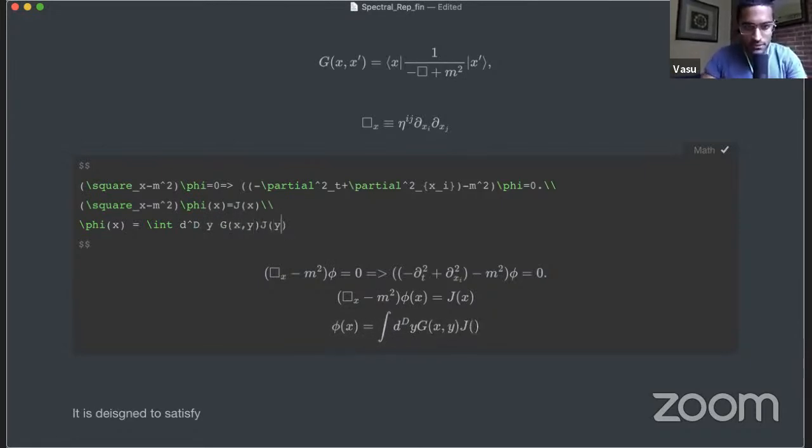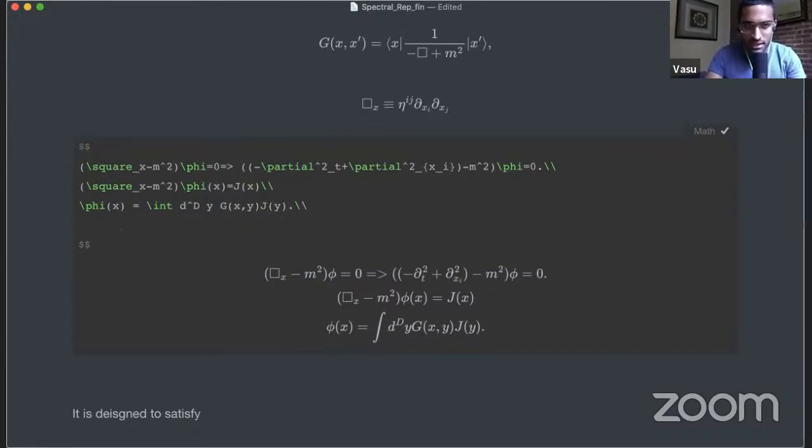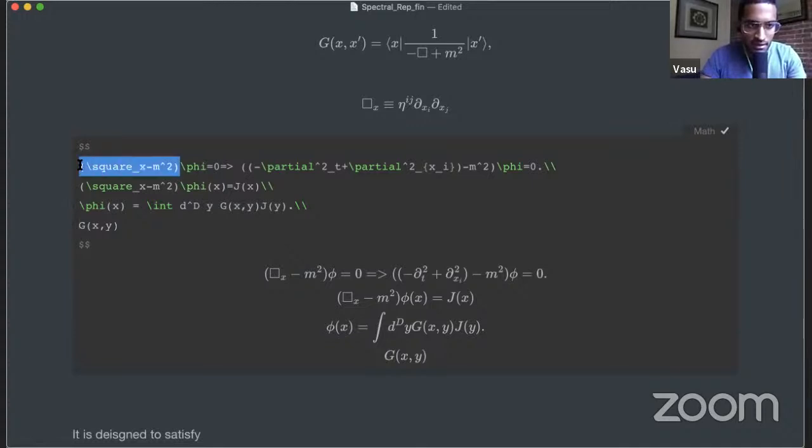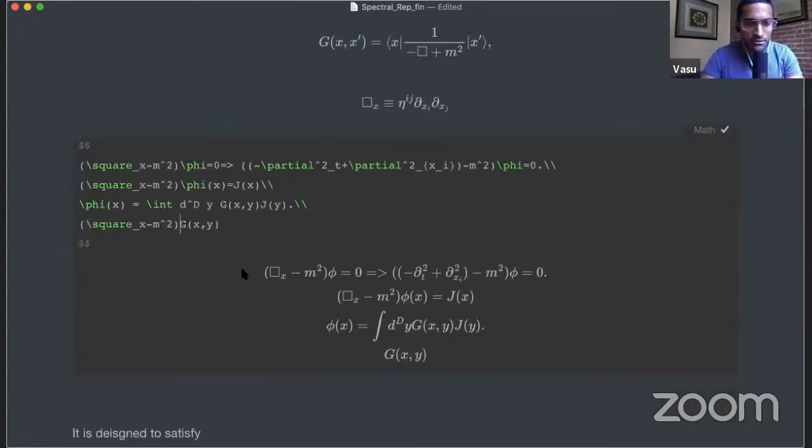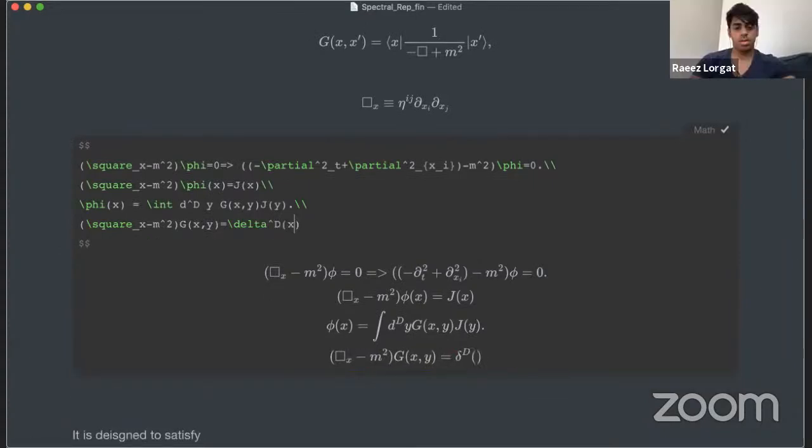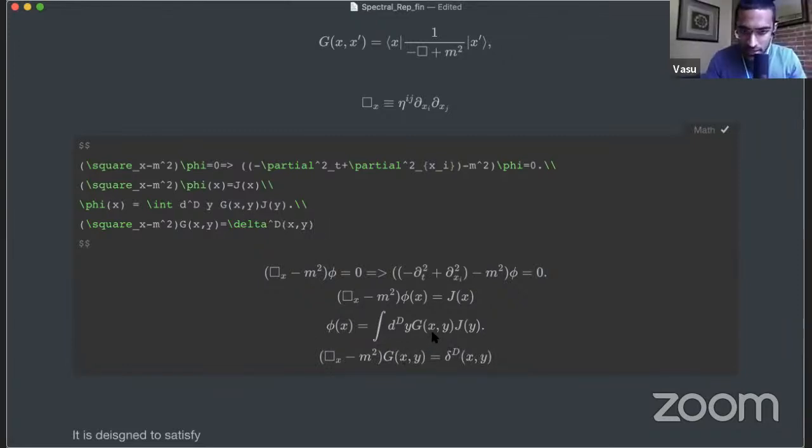I can write the solution in this form, provided that the currently abstract quantity G satisfies this condition. If G satisfies this equation, then if I plug it back in here, I act with box minus m squared on phi, box minus m squared on G, because this is only acting on argument x, produces a delta function.